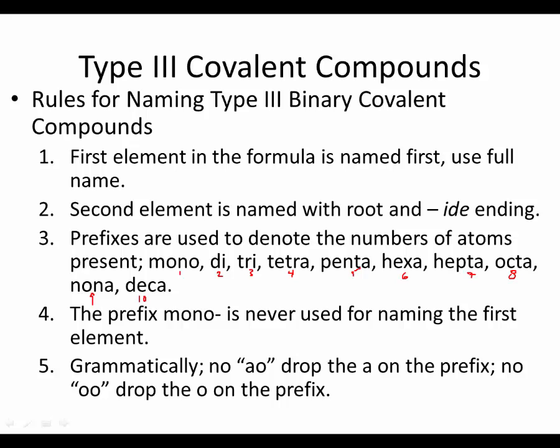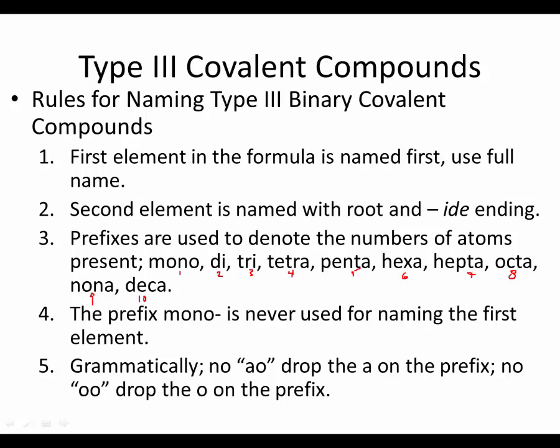Now, there are a few rules about the grammar revolving around the vowels. Grammatically, especially revolving around oxide as the second element, you don't use AO or OO. Drop the A or the O from the prefix. So it's not monooxide, it's monoxide.